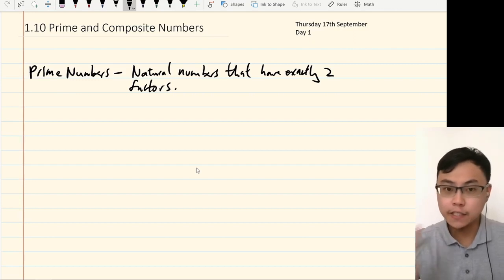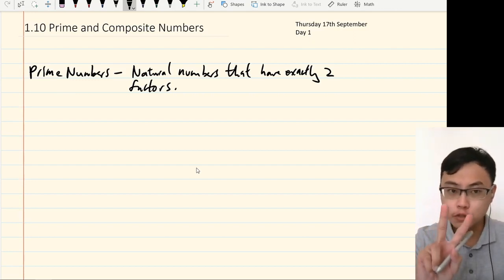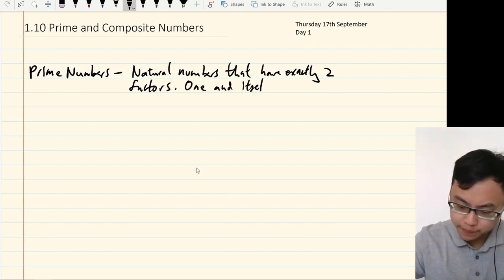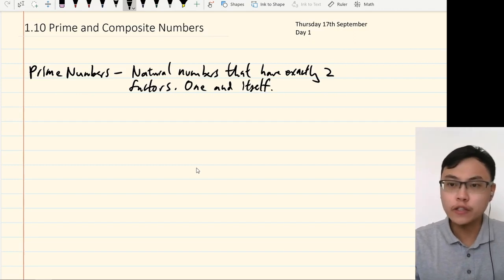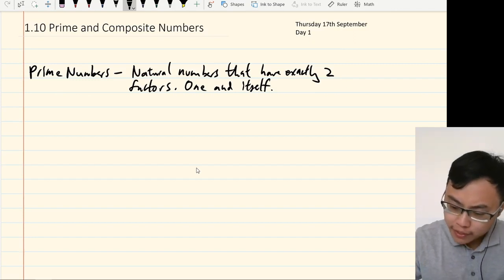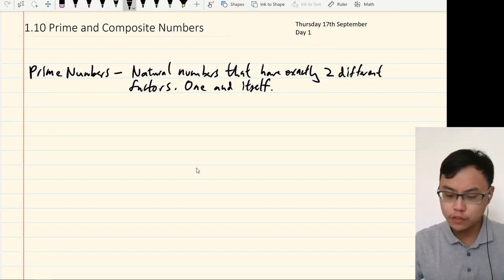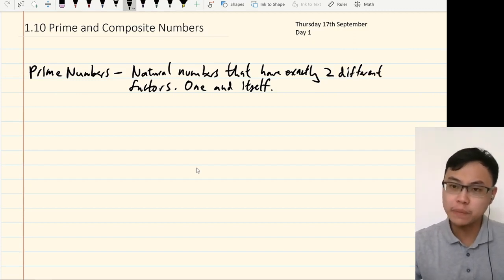The two factors are 1 and itself. Actually, it should be two different factors, 1 and itself. They have to be different.